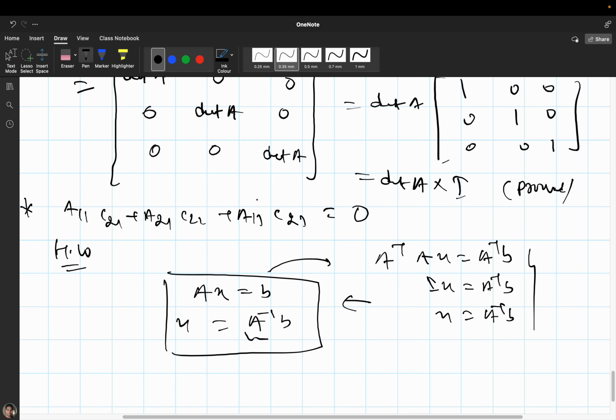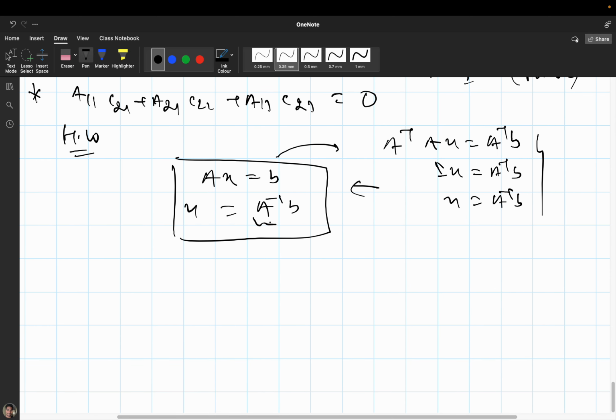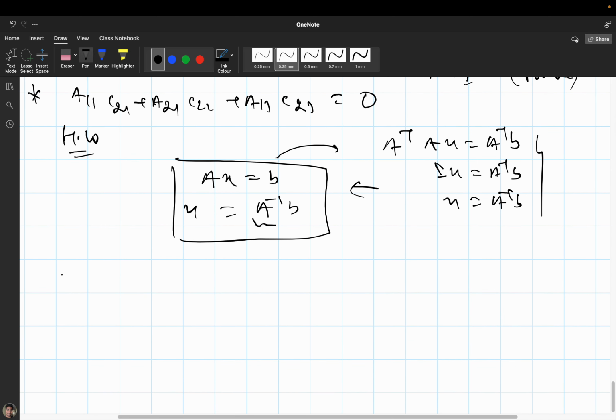Which means that if the matrix has determinant 0, you are not able to get the solution, and that situation is called an inconsistent system of linear equations. That's what I have already talked about. Is it clear now? Yes, sir. Now I will move to the properties.